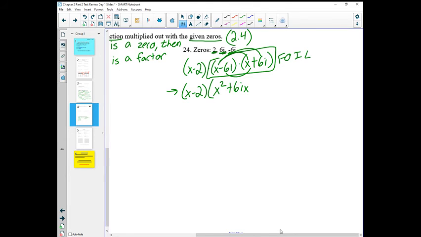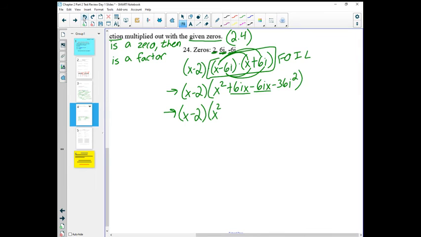Negative 6i times x is negative 6ix. And last, negative 6i times positive 6i, negative 6 times 6 is negative 36, and i times i is i squared. Now let's clean that up a little bit, because we've got some like terms.